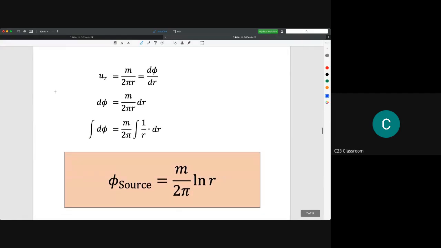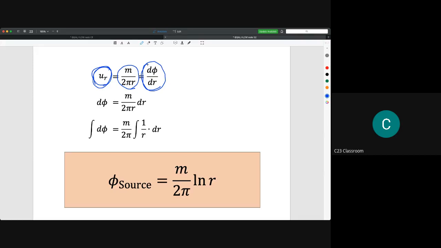Okay, so this is the calculation for the phi. So we know the value of UR, and then we could write UR is equal to m over 2 pi r. So, and then because we want to calculate the value of velocity potential, we use the Cauchy-Riemann equation. So we know that UR is d phi dr. So now we integrate this one. So we have d phi dr equal to m over 2 pi r.